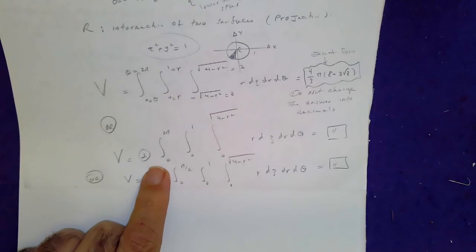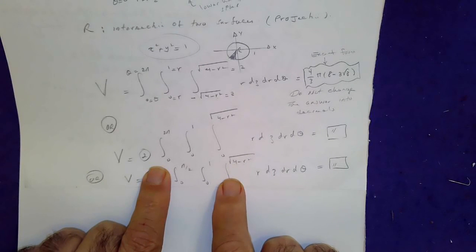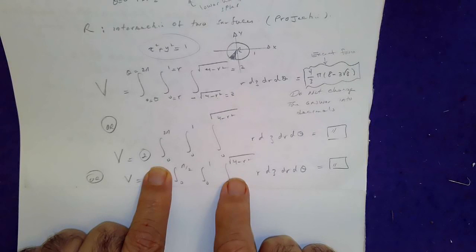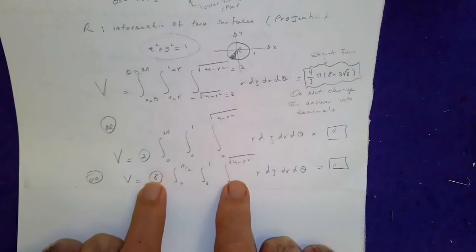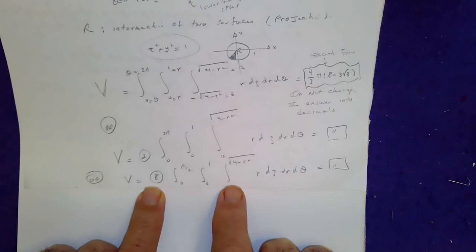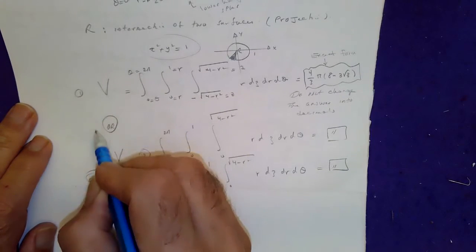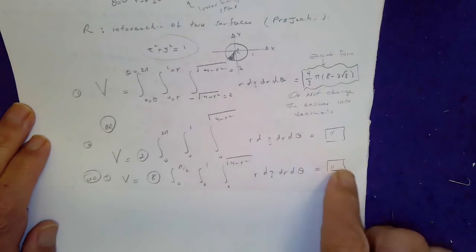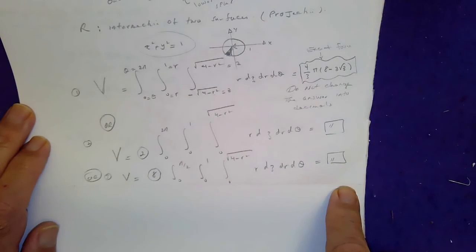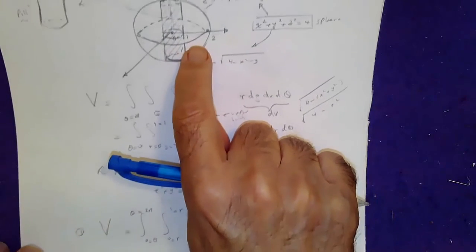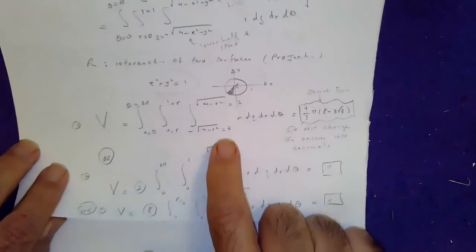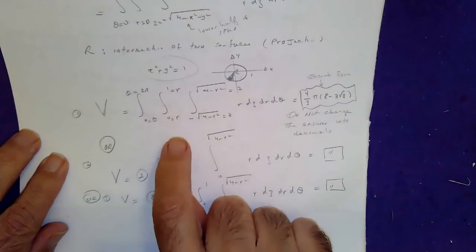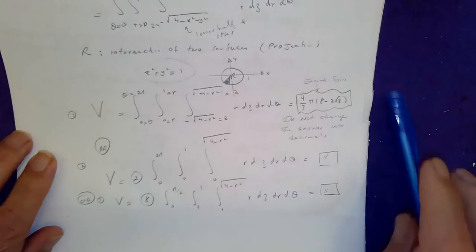In other words, this only gives you the volume of 1/8 of the what? Solid. This is like the first octant. To find the full volume, you have to multiply by 8. So notice all of these 1, 2, 3 integrals give you the same answer. And that's due to the symmetry. So you can use any of these setups for the limits and yet get the same answer.